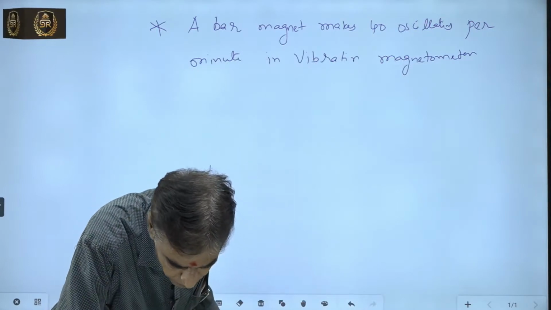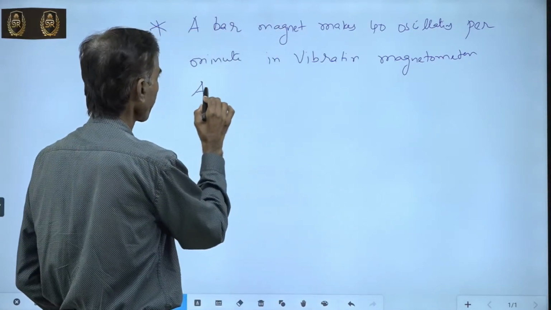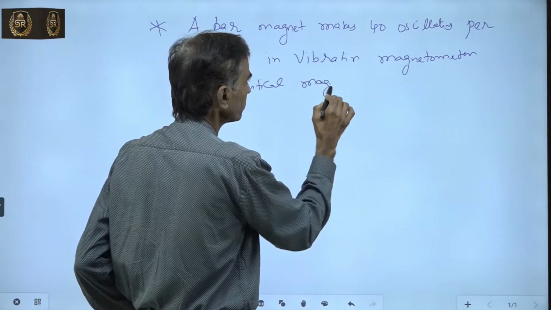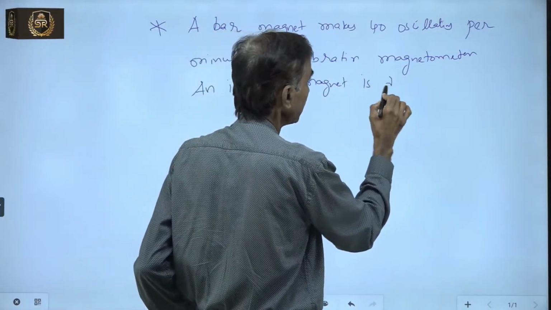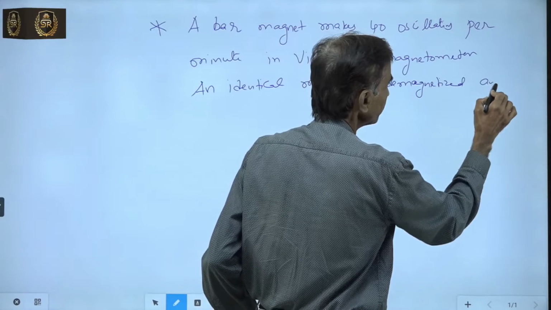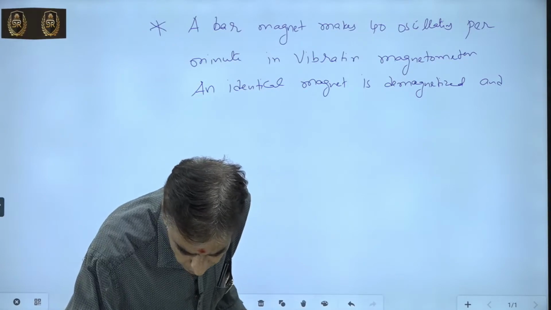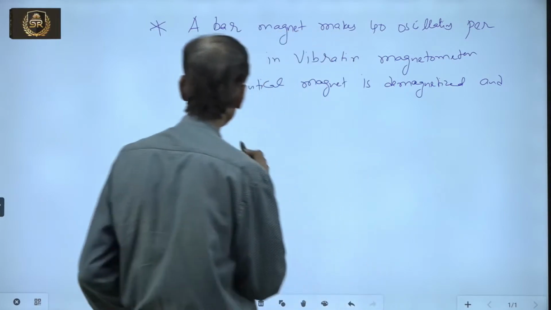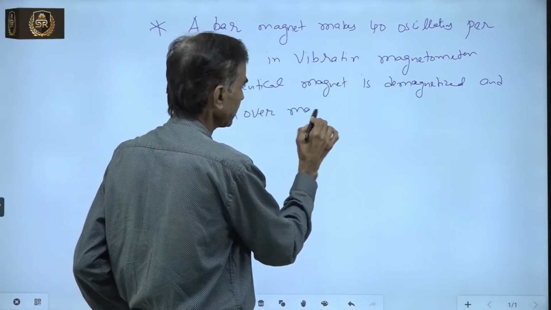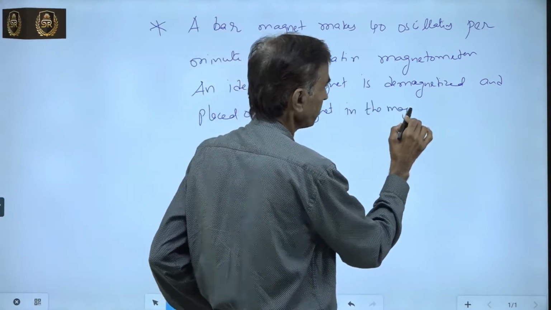Next, an identical magnet is demagnetized and placed over the magnet in the magnetometer.